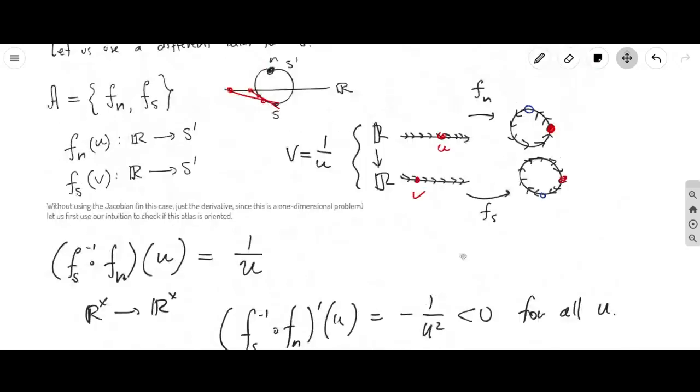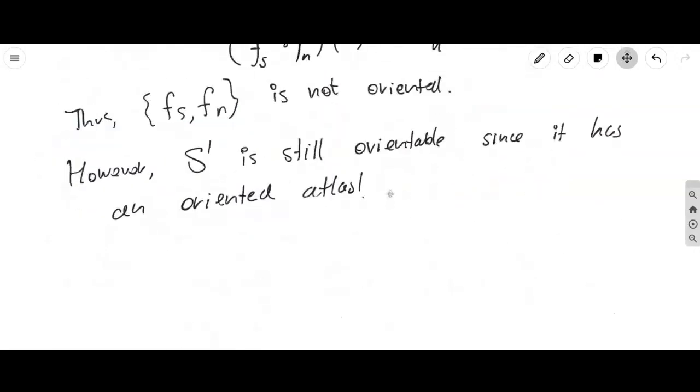One thing that you can do is replace this function by a slightly different function, where you replace v by negative v. So you would replace this function by a new function, let's call it g, so that g of v is Fs of negative v. Then the v coordinate would just be the negative of the previous coordinate, and now when you take the derivative, you get something positive. So you can always change it so it becomes oriented.